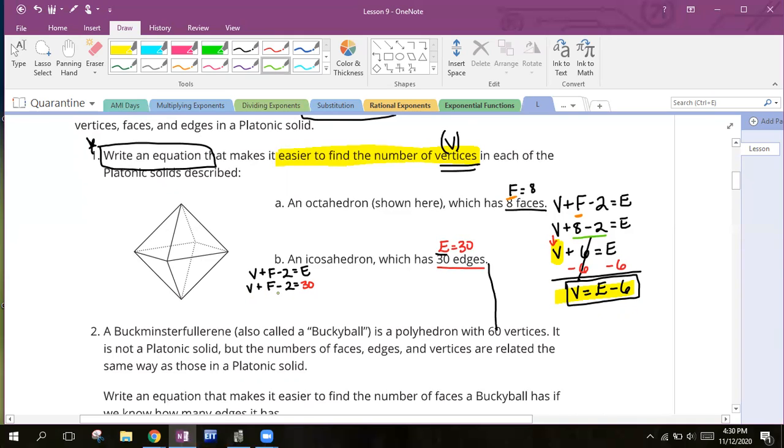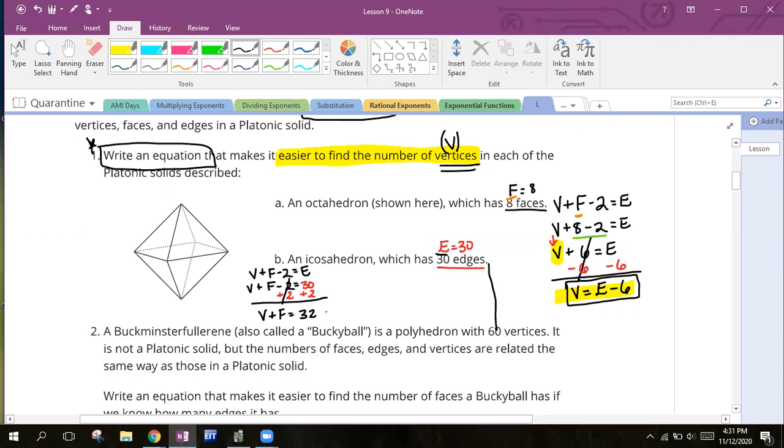All right, but I do have 2 whole numbers by themselves. So I want to get this minus 2 over here with my 30. So how can I move that minus 2 over to the other side? I can add 2 to both sides. So that's going to cancel the 2's out over here. Now I have V plus F equals 32.